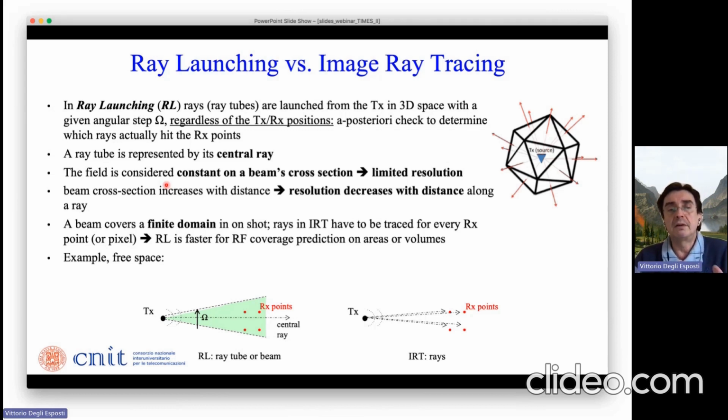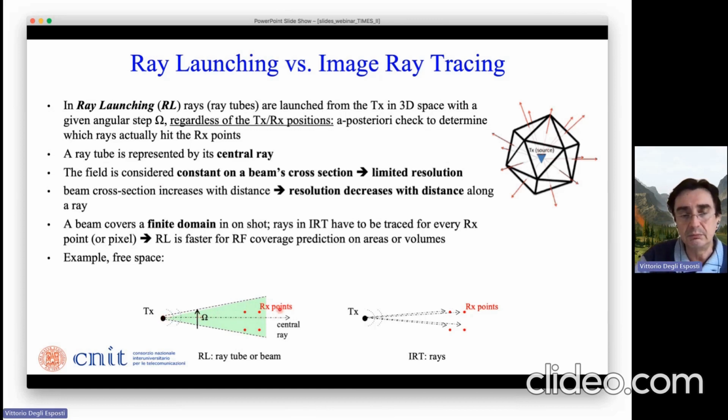On the other hand, a ray tube covers a finite volume in one shot. Therefore, when we launch one ray, we get the field all over the ray tube. And therefore, ray launching is faster than ray tracing for coverage prediction over areas or volumes. For example, considering even free space propagation without any bounces, if we have 4 receiving point pixels that fall within the same ray tube, in only one shot we compute the field over all those pixels.